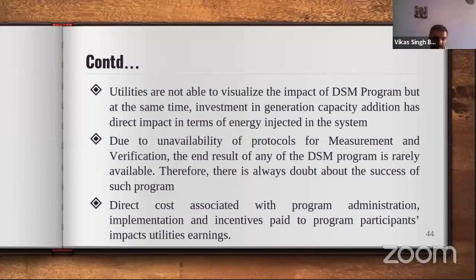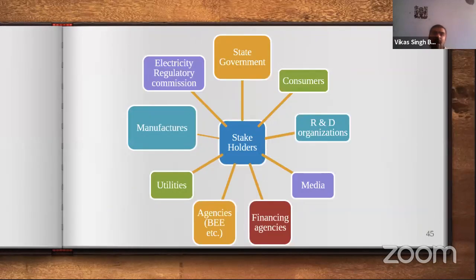Initially, we were a little hesitant about shifting from normal bulbs to LEDs, but now customers are aware and are directly purchasing LEDs. So some awareness programs have to be run for customers about DSM. If they are properly aware, their acceptance level will be a little higher.